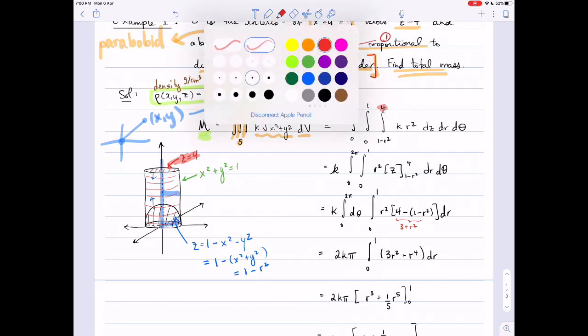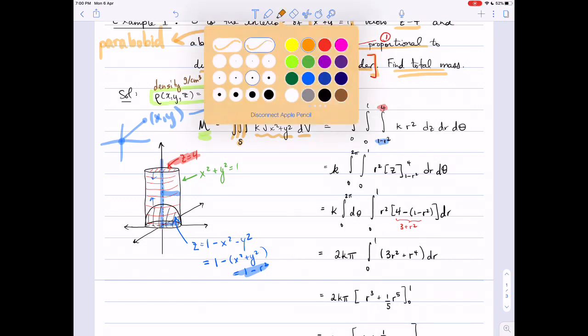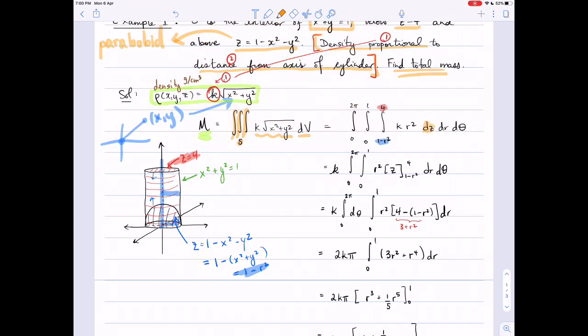Those are z values: from z equals 1 minus r squared up to z equals 4. And then our first differential is dz.